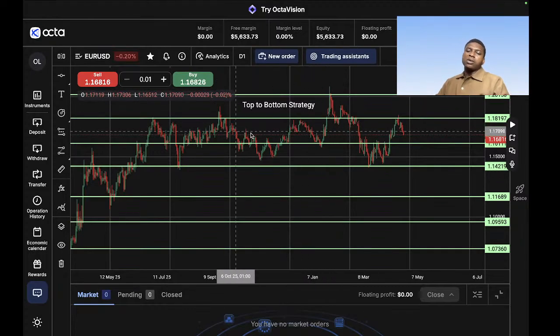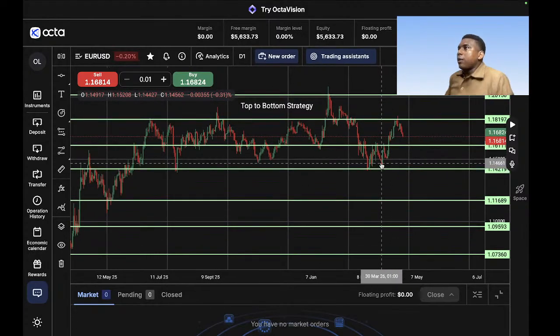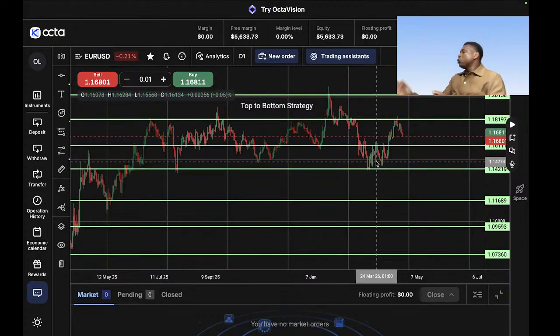Good. So now we've been able to map out our levels of support and resistance on Euro USD. Good. Now for those of us who are just joining, this strategy is based on price action.